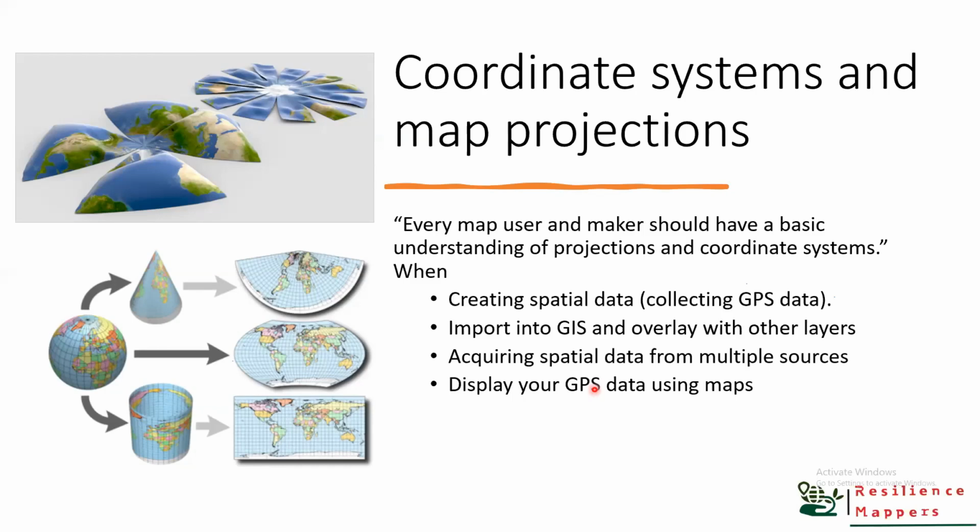Even when you're digitizing, for example, because I mentioned previously the phases of GIS, the first stage being data preparation and entry, that you can either go out in the field and collect the data, or you can digitize it yourself.